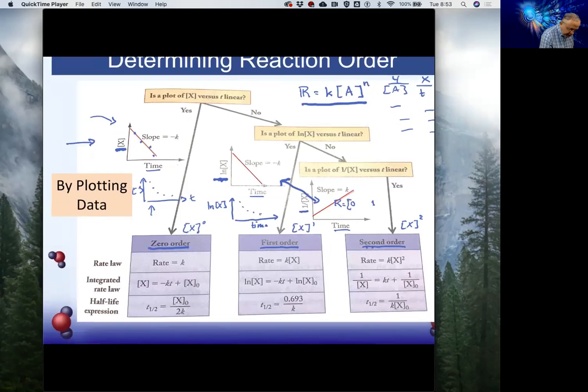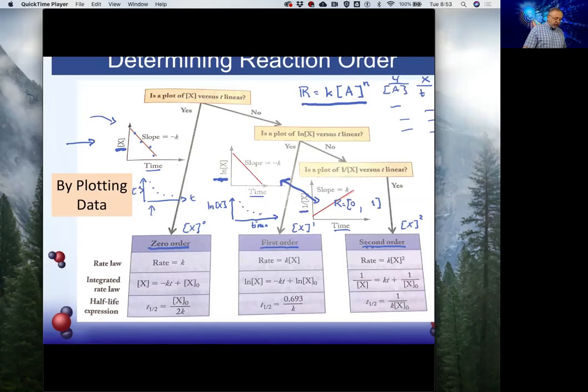The closer it gets to 1, the better. So you can compare the correlation coefficients of the two equations that look more or less linear and figure out which one is the best. Then you go with the best value of R, the one closest to 1.